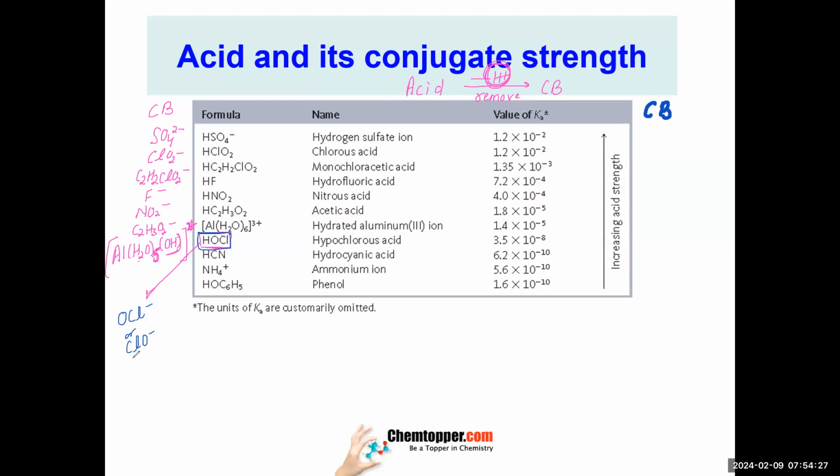This is hypochlorite. What's the conjugate base of this one? This one? CN minus. Very good. Now be careful. Answer this. What's the conjugate base of ammonium? Perfect, Lisa. Perfect, Azuni. What's the conjugate base of this? Remove H plus. Yes, very good.